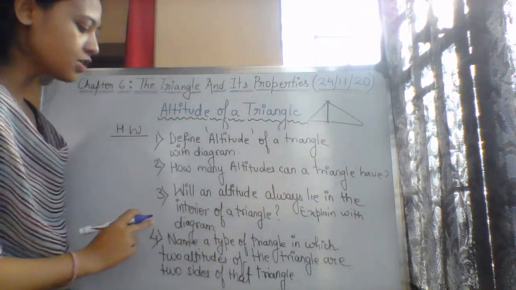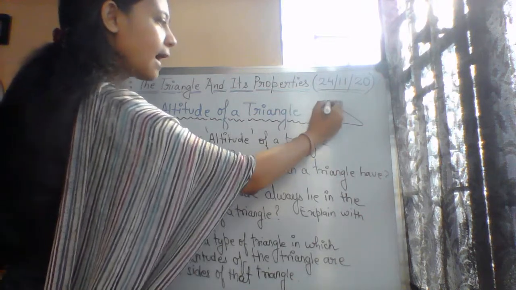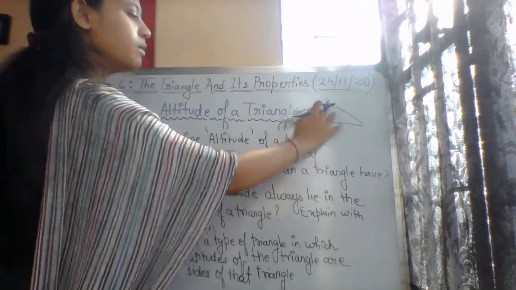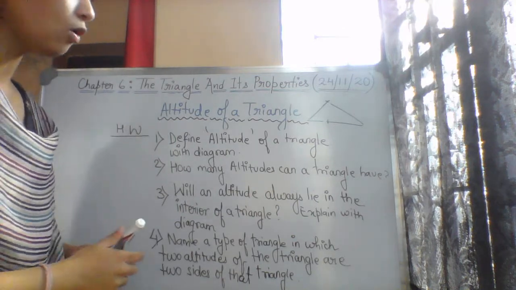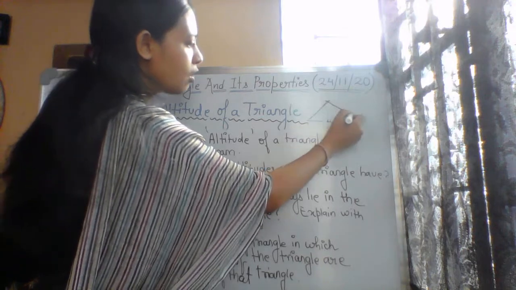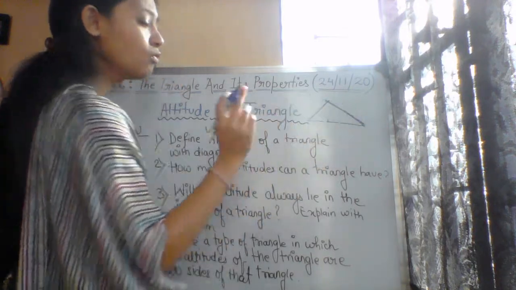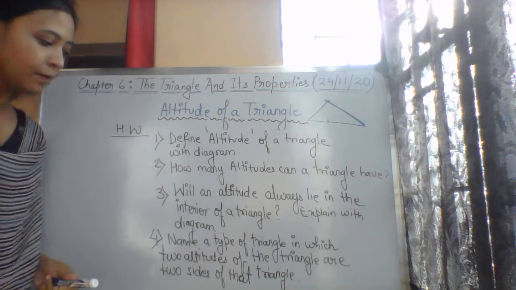But in the question it is asked that the altitude will be the side only. Altitude will not lie inside or outside. Altitude will lie on that side only. For which type of triangle? Okay, so that is the question.